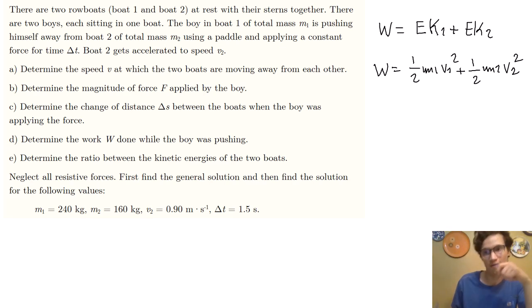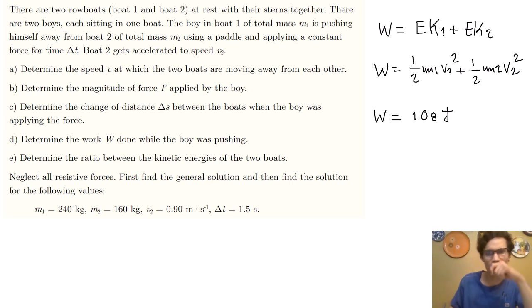Again, we have all those numbers: 0.6, 240 kilograms, 160 kilograms, and 0.9 meters per second. We replace all of that in the calculator, and we finally get that the work is 180 joules. That's the unit of work.